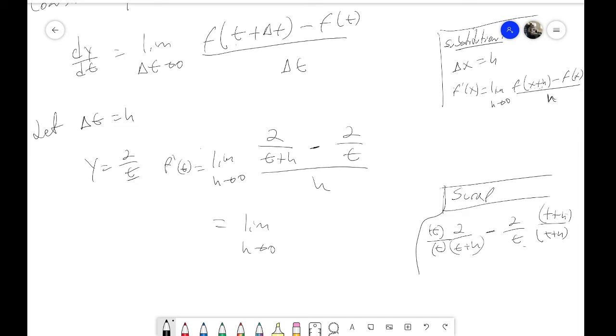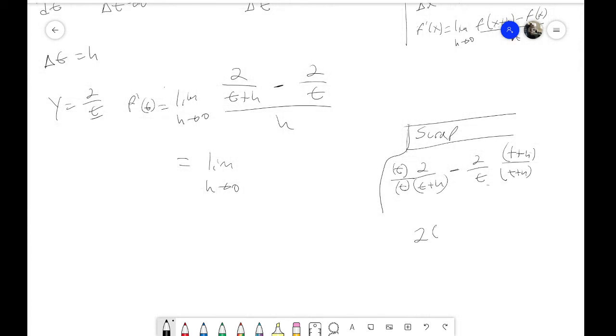Okay, so in the top you're going to have 2t on the left side, and on the right side you're going to have minus 2 times t plus h. I'll just keep it as minus 2 times t plus h for now. In the denominator, for both of them now, you're just going to have t times t plus h.